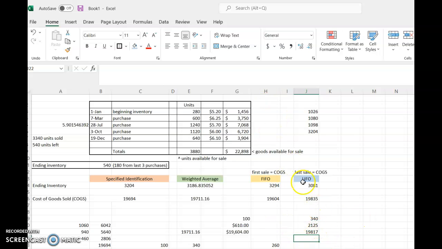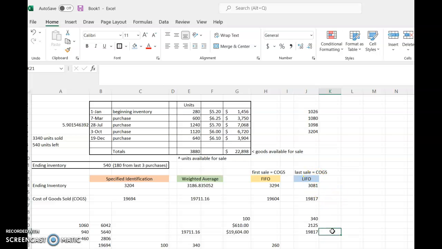Okay, and remember we're not going to add in this beginning inventory because we took that into account on that first calculation that we did. So we'll have a final cost of goods sold for last in, first out of 19,817.